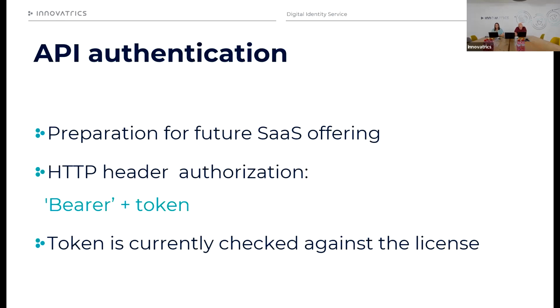You just need to add the authorization in the HTTP header. And in the authorization, you will be using a token that you will receive together with the license of the digital identity service. So these two are just cross-checked against each other.